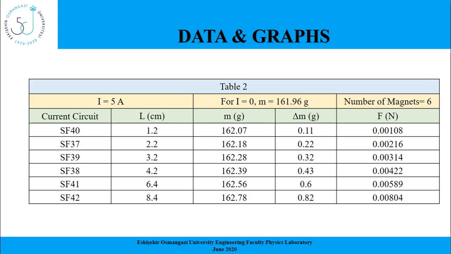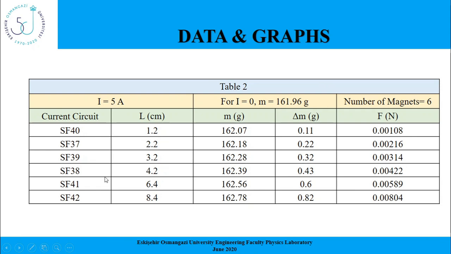Here's our data from this part. We have current of 5 amperes. For when there is no current passing through the wire, the measured value of the mass of the magnet is here. We have the code names for current circuits, which are written on the current circuits, and the corresponding lengths.